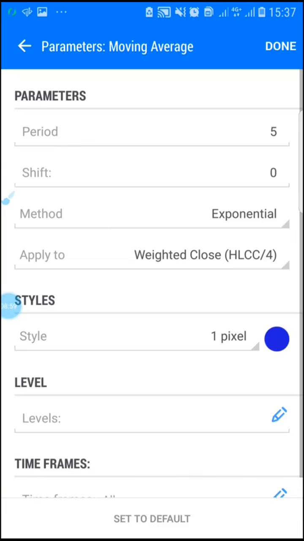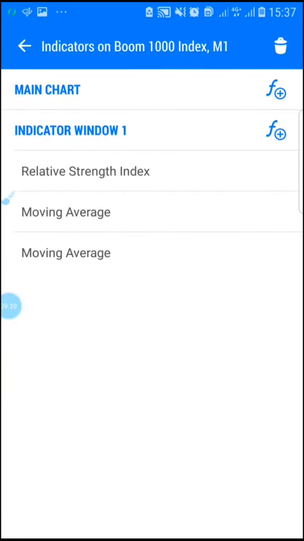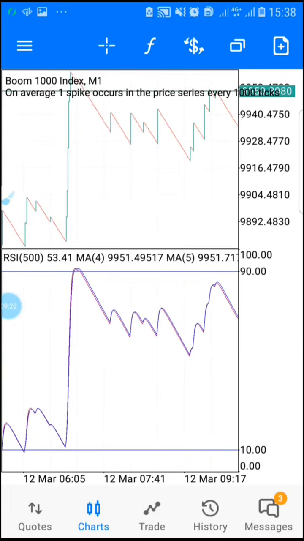The other moving average you want is period 5, shift 0, method exponential, apply to weighted close, HLCC, stroke 4. Once you have that set, choose the color you want where it says pixel, and click done. Once that happens, your chart is going to look like the one I have here.